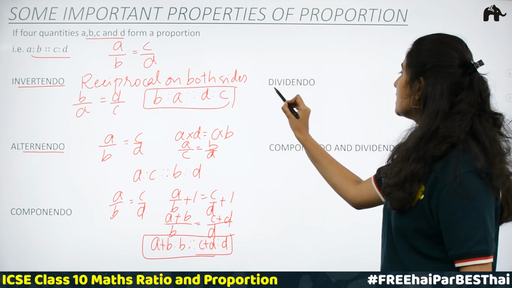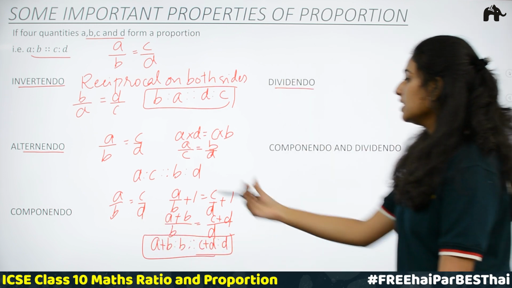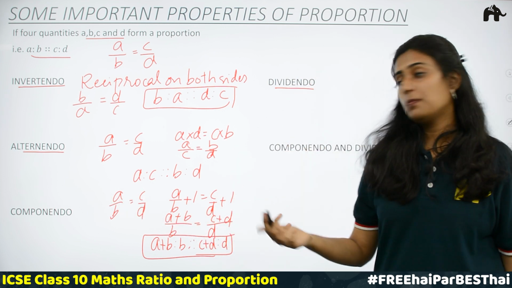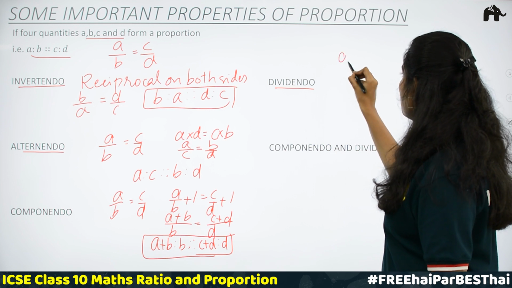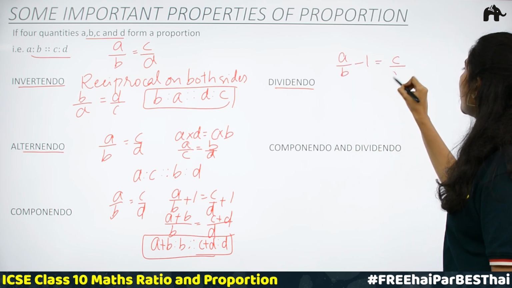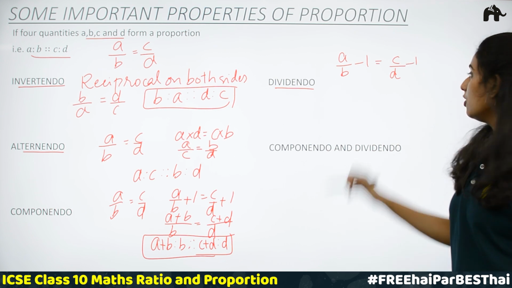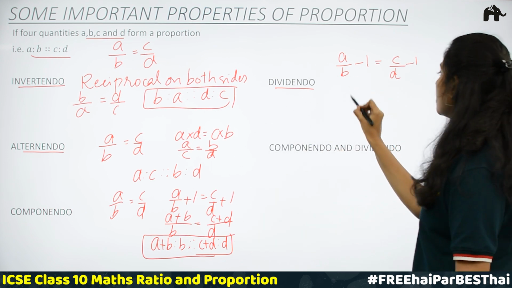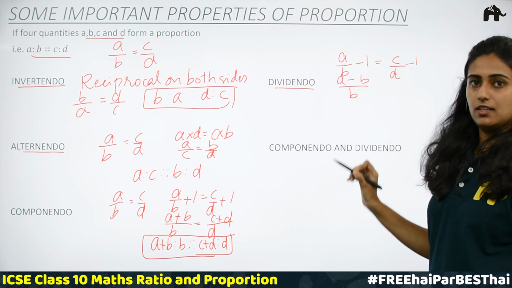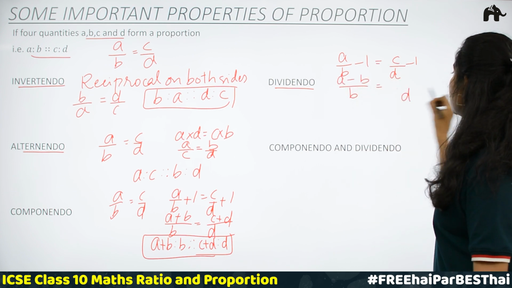Next is dividendo. Dividendo means in componendo we are adding, in dividendo it is subtracting 1. A by B minus 1 will be equal to C by D minus 1. Same procedure. B is the LCM. Numerator we get A minus B. Here D is the LCM.